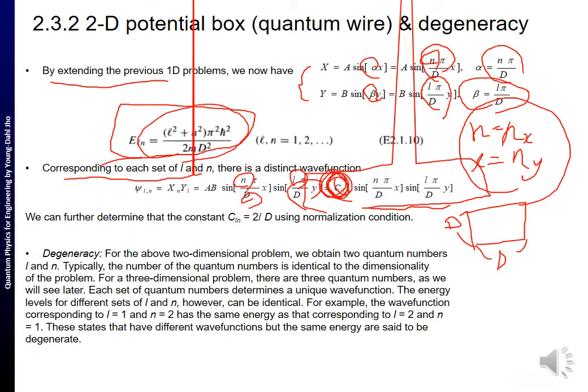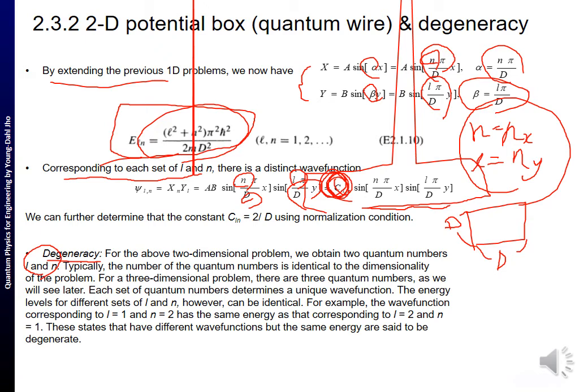Look at this. We can define degeneracy. For the above two-dimensional problem, we obtain two quantum numbers, n and L. Typically, the number of quantum numbers is identical to the dimensionality of the problem. One-dimensional problem, we had one quantum number.